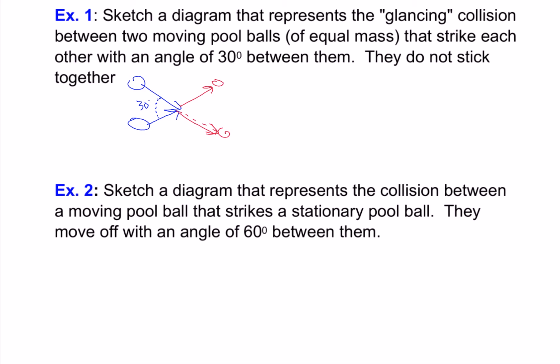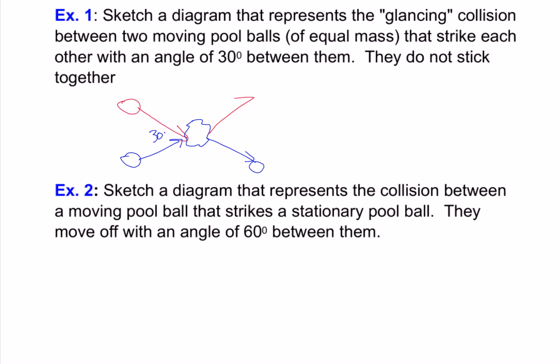I should have color coded them, so let's erase that and start over. Suppose our red one goes down at an angle, and let's draw the other one as blue. It's going to go up, with 30 degrees between the two. Then after they collide, the blue one will go back down, and the red one would likely bounce back up.